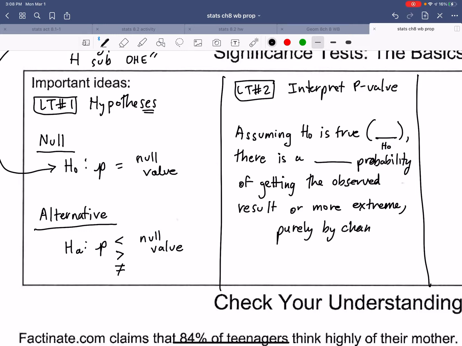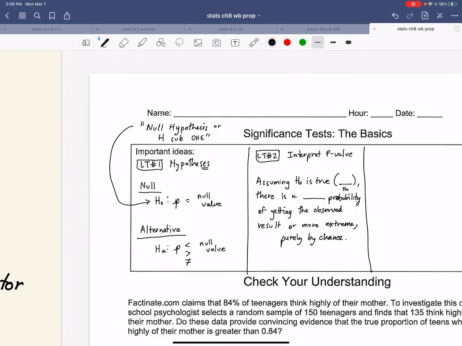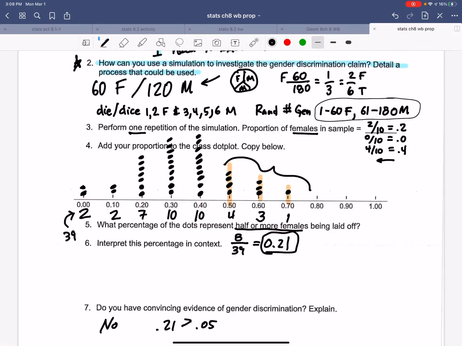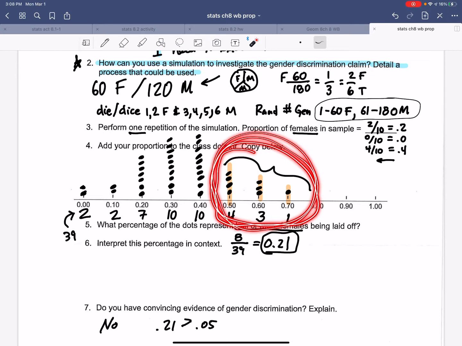So we uncovered that with the gender example, right? In my 6th period class, we ended up getting half of the ladies selected by the lottery, or even more than half of the ladies got selected, even though this was generating only 1 through 60 as female and 61 through 180 as male.